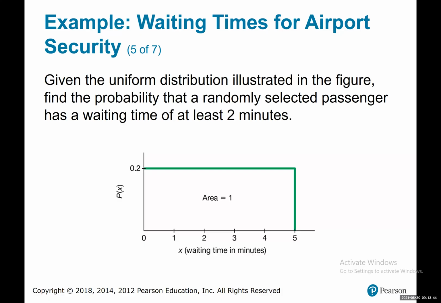Let's just do this problem. Given the uniform distribution illustrated in the figure, find the probability that a randomly selected passenger has a waiting time of at least 2 minutes. So what does the phrase at least 2 minutes mean?